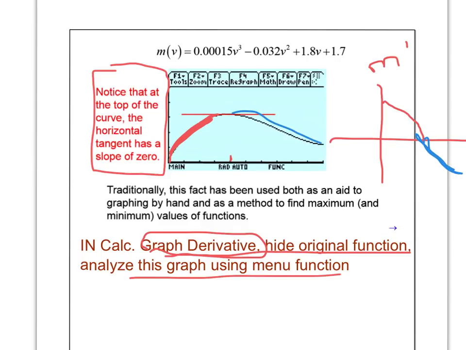So if you are analyzing this graph, this is the key moment where your derivative changes from positive to negative. Hence, you have a maximum because the original graph changes from increasing to decreasing.